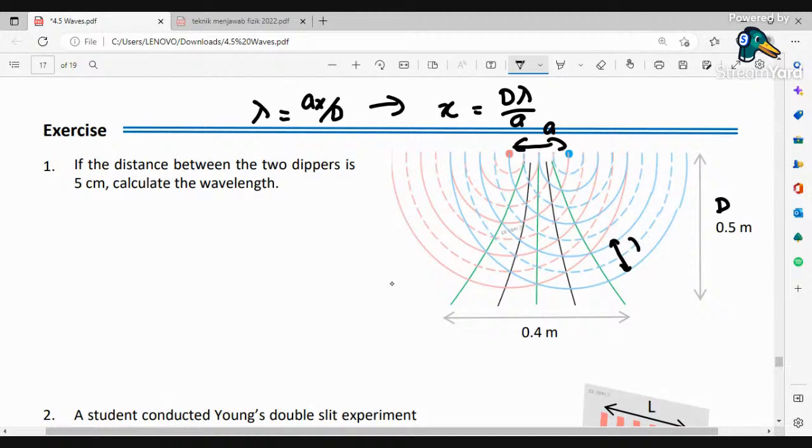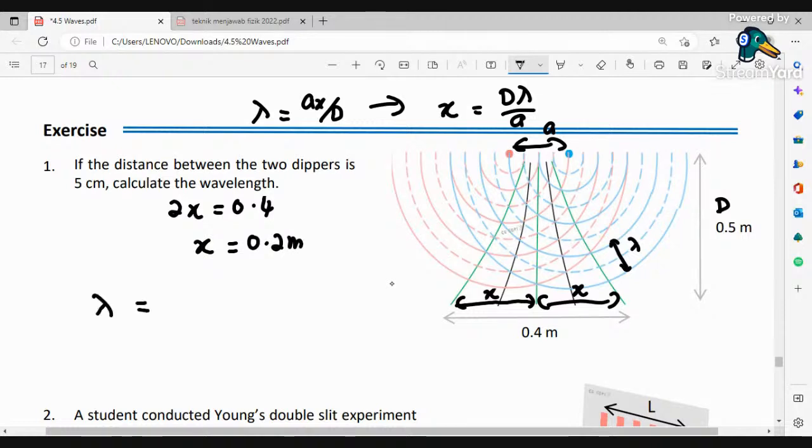Between two consecutive wavefront crests is lambda, and between two green color, the antinode is x, so we have here also x. Means we get 2x equals 0.4, so x is 0.2 meter.